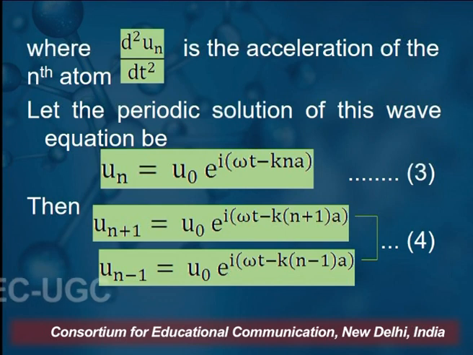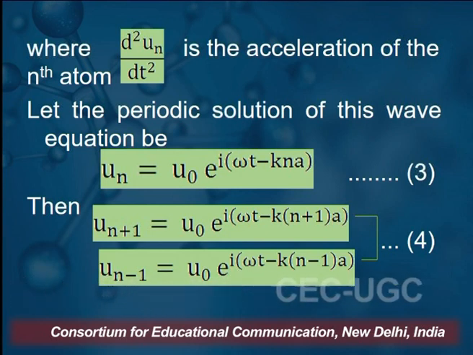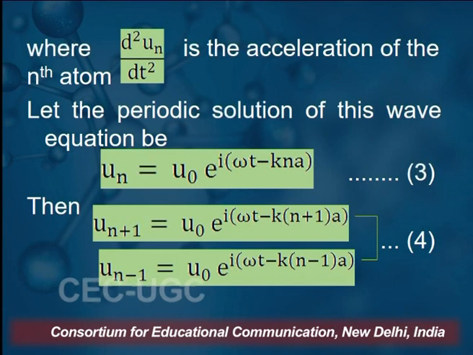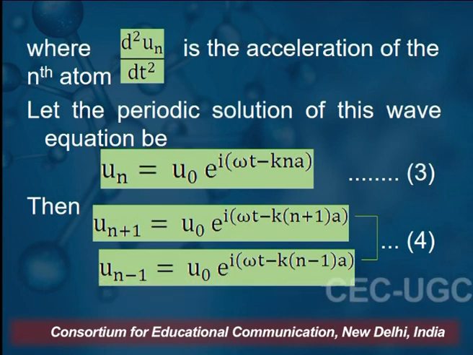For the n plus 1th atom, u n plus 1 will be u naught e to the power of i omega t minus k n plus 1 a, and u n minus 1 will be u naught e to the power of i omega t minus k n minus 1 a. I have marked these as my equation numbers 3 and 4.